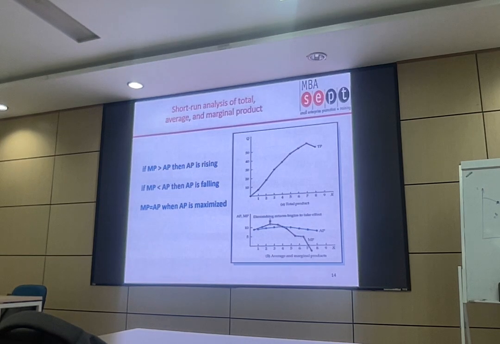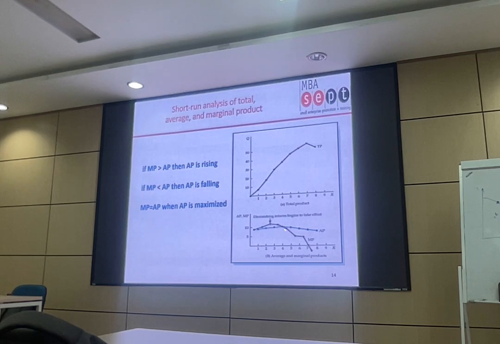Giống như công ty của bạn bây giờ mình sử dụng 6 lao động, nhưng nếu sử dụng 7 lao động thì kết quả đầu ra của mình tốt hơn, thì tại sao mình lại không thuê thêm? Đúng không? Tức là ở giai đoạn này, năng suất trung bình của mình vẫn có thể tăng lên được. Vậy thì mình nên thuê thêm lao động, nên đấy chưa phải là điểm mình lựa chọn.